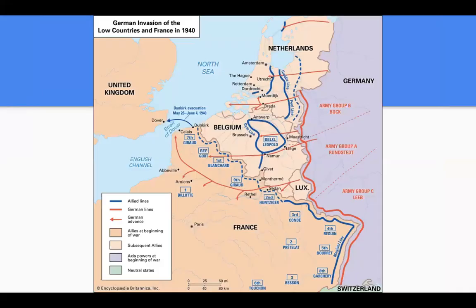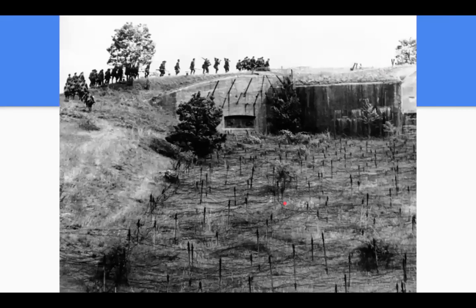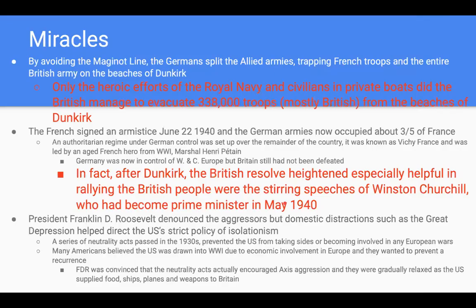Destruction. German invasion of the Low Countries again. So Maginot Line right here. Look, it says Maginot Line. And their main attack came through here, the Ardennes forces through Luxembourg. This is Luxembourg right through here. There's a picture of the Maginot Line.